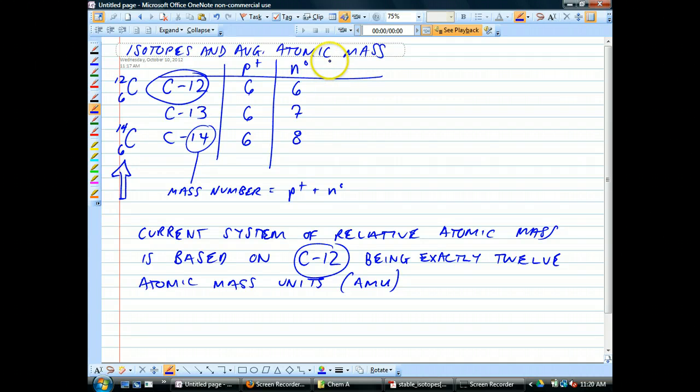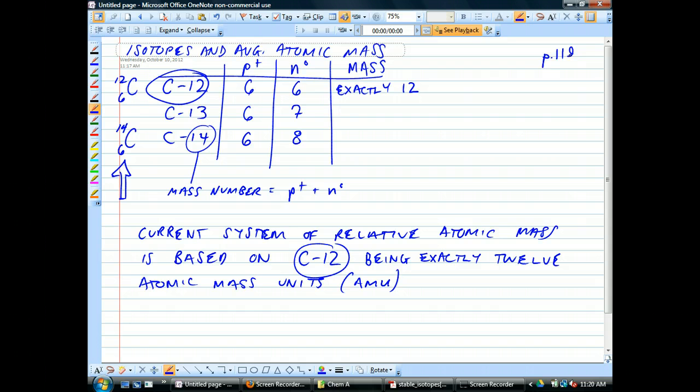So if we were to write the mass of these things here, we would write exactly 12 for carbon-12. And if you look in your book, we're in chapter 5 now, there's a table with some examples of atomic masses in it, some masses of some isotopes. It's on page 119. There's a table.